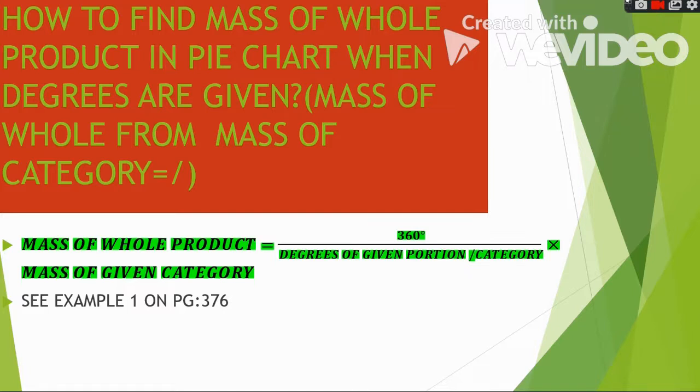Means, for example, apple votes are given and apple degrees are also given. So you can find the whole product, how many students total participated in this survey. So you will write mass of the whole product is equal to 360 degrees divided by degrees of given portion or category, then multiply by mass of the given category. See example number 1 on page 376 again for understanding this formula.